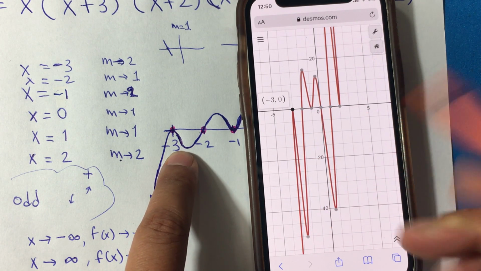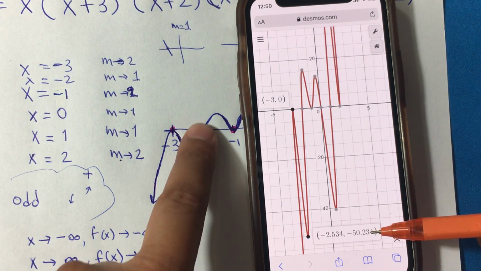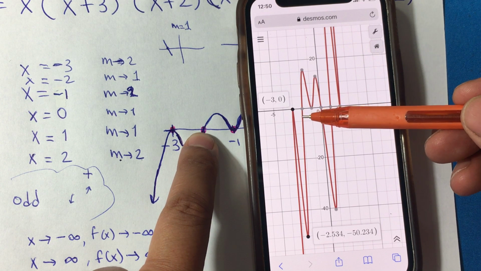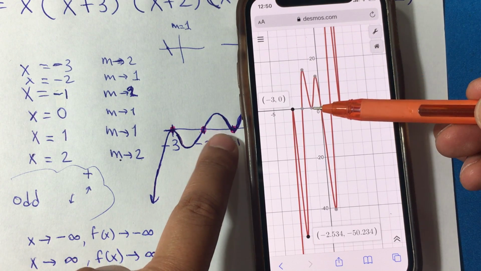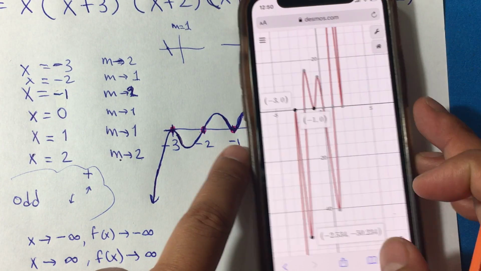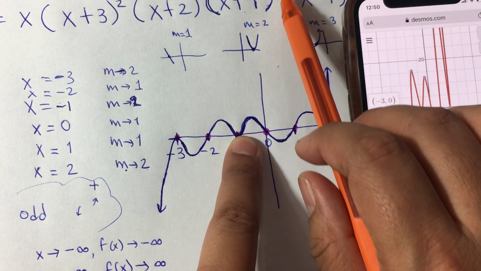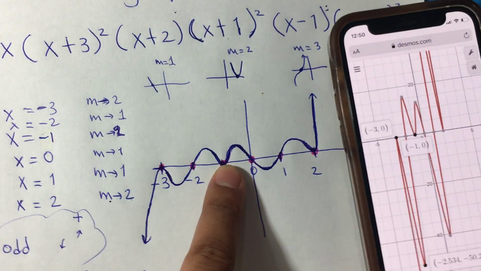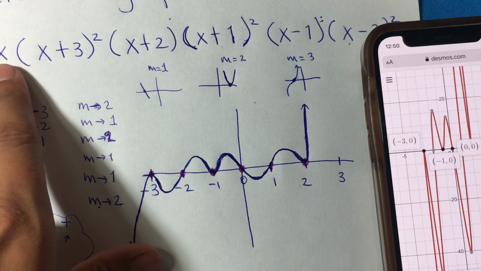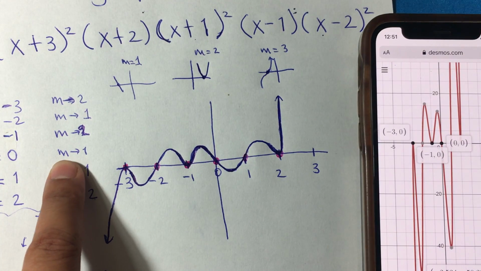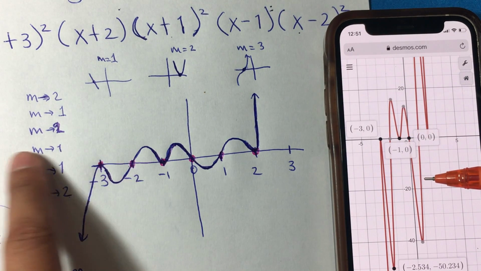Then through -2, it goes through in a straight manner. Then it goes up, and then it touches at -1, and it bounces again, because -1 is multiplicity 2. And then at 0, it just goes through because it's multiplicity 1.